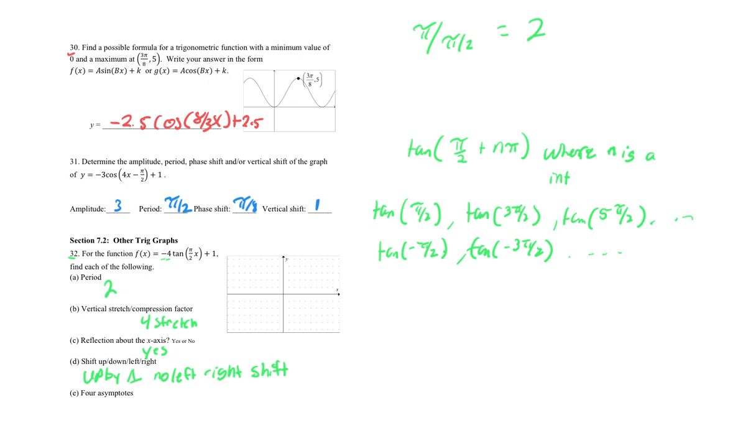We are asked to identify 4 of these asymptotes. So what values of x gives us these values? So we could say that x is equal to 1, 3, 5, 7. That would give us that, but it doesn't really help us graph the function.